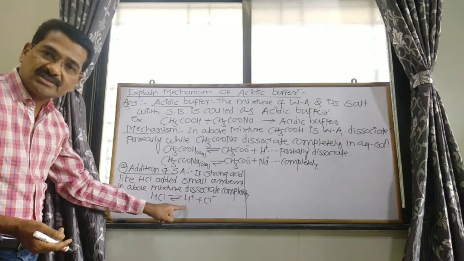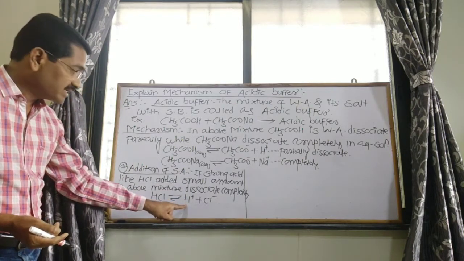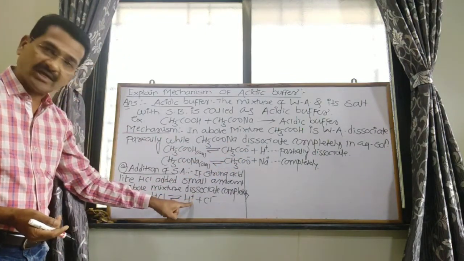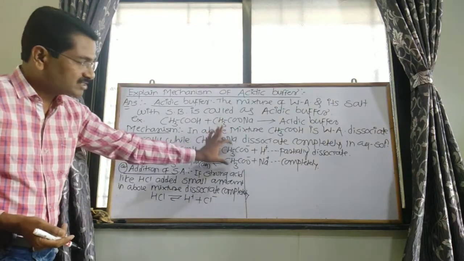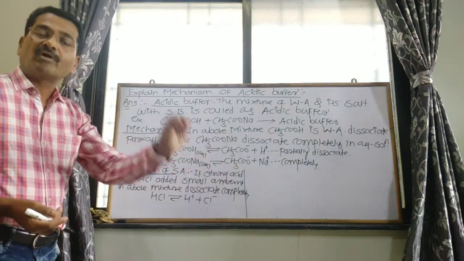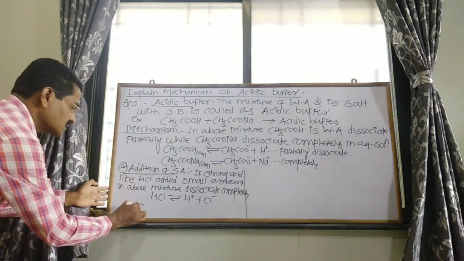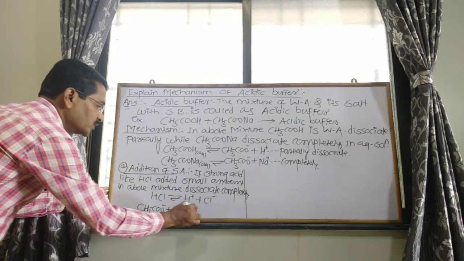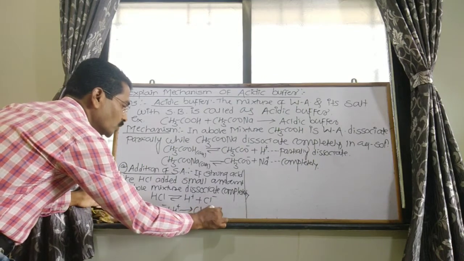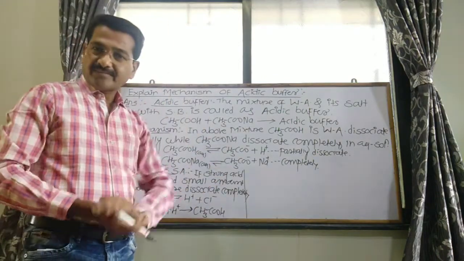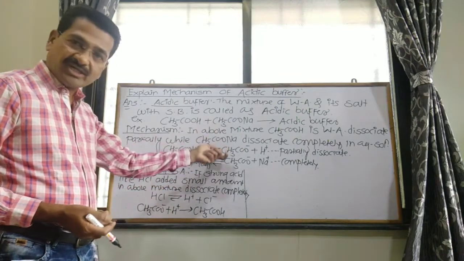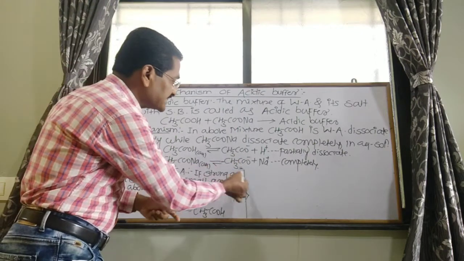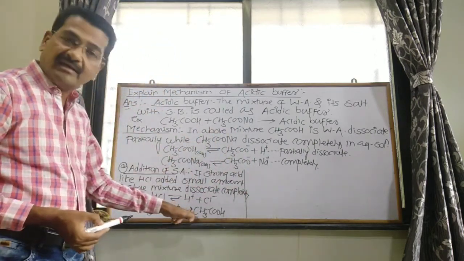These H plus ions of HCl combine with the acetate ions of the mixture to form acetic acid: CH3COO minus plus H plus gives CH3COOH. It means that by addition of HCl to the above mixture, the H plus of the HCl combines with the acetate ions to form acetic acid.